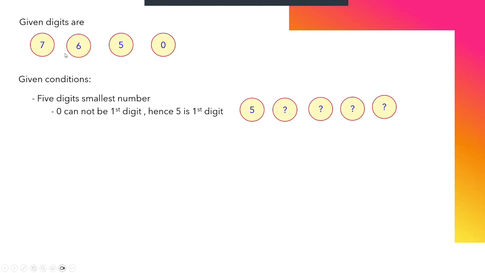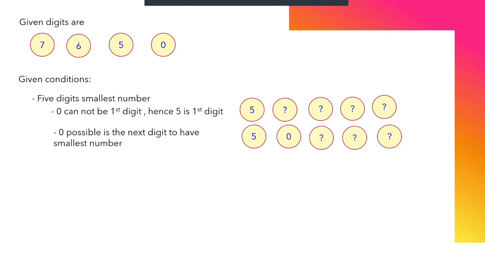Then the next could be any digit, depending on divisibility by 12, but that depends on the last 2 digits. So we can say that 0 will possibly be the next digit. So it will look like 5, 0.